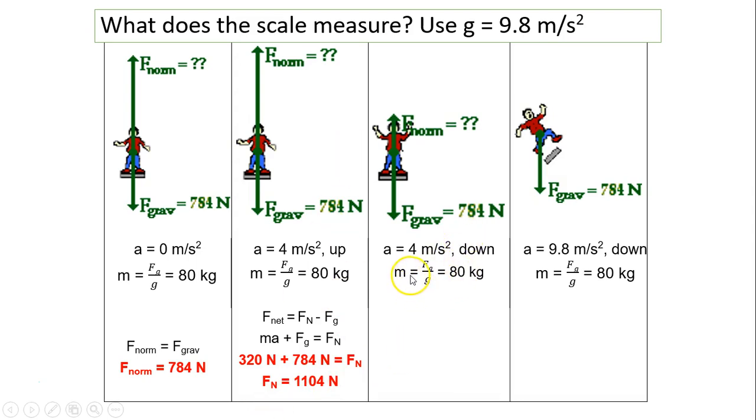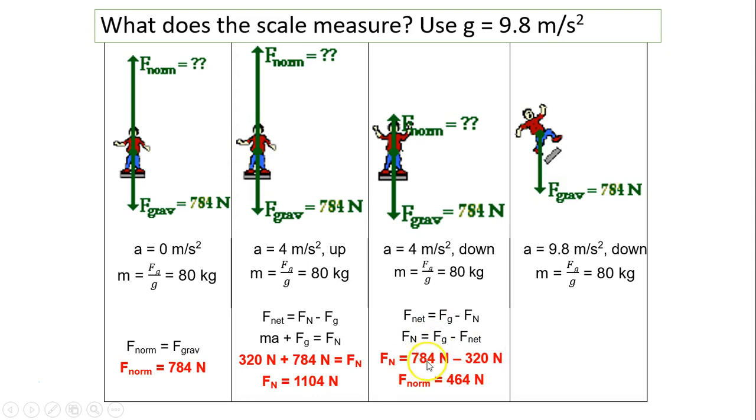Take a look at another case. If you accelerate downward, in this case acceleration is down, so I choose down as my positive. So my net force equals gravity minus normal force, because now normal force is negative. So Fn in this case equals Fg minus Fnet.